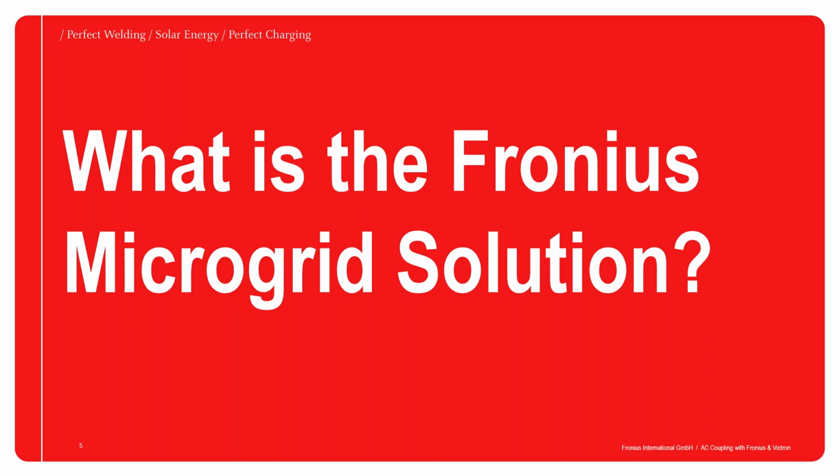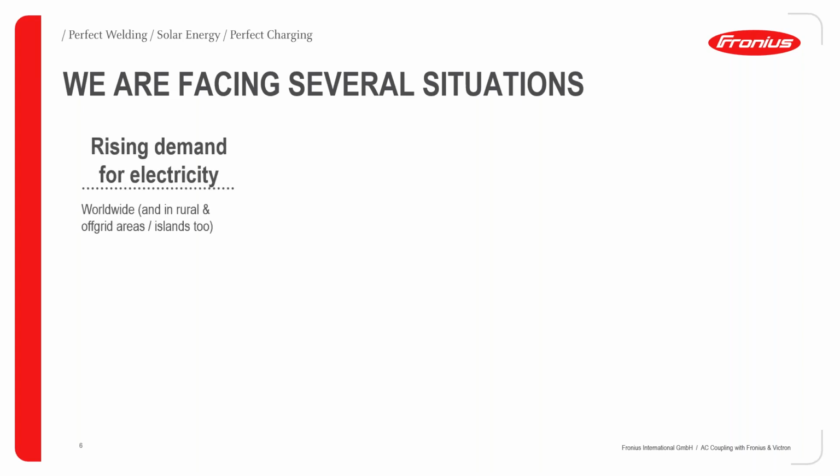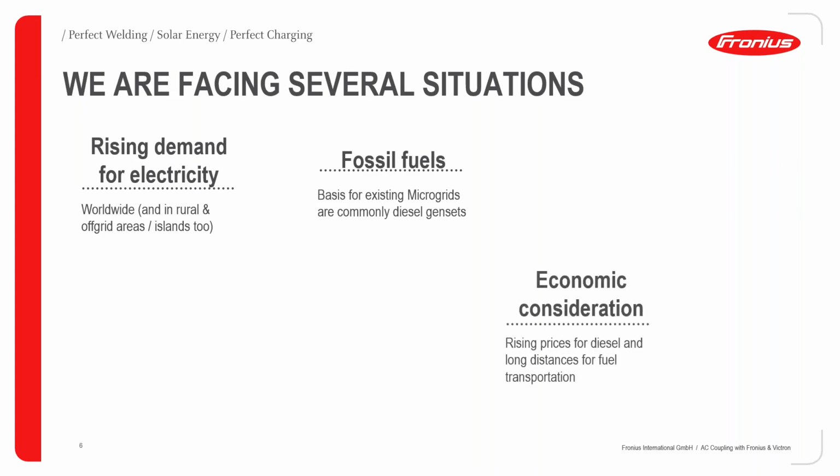To answer what the Fronius microgrid solution is, we have to look through the reasons or situations that made this a necessity. First off, we have the rising demand for electricity, which is a worldwide scenario. Fossil fuels still serve as the basis for existing microgrids, which are commonly run by diesel gensets. Then there is the economic angle, with rising prices for diesel and long distances that have to be traveled for fuel transportation.